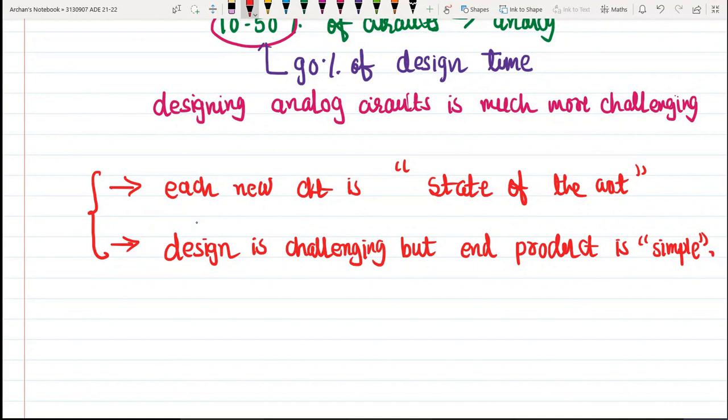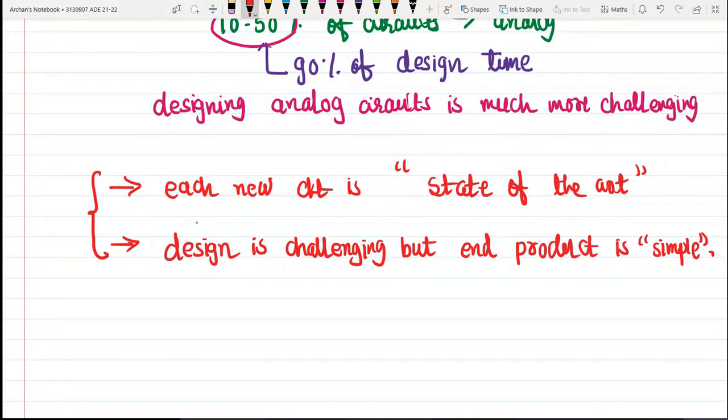And that is the reason why analog electronics still exist. Okay, if we compare the advantages of digital circuits with analog circuits, then definitely digital circuits have more advantages, but still we are designing these analog circuits because of certain advantages offered by analog circuits also.